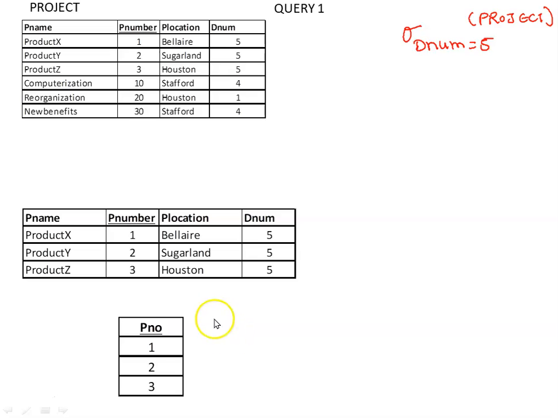Then what I do is I apply a project operation over here and I say project the P numbers, P number. So basically I am picking up this particular attribute. Okay, and then the output would be something like this, P number 1, 2, 3.